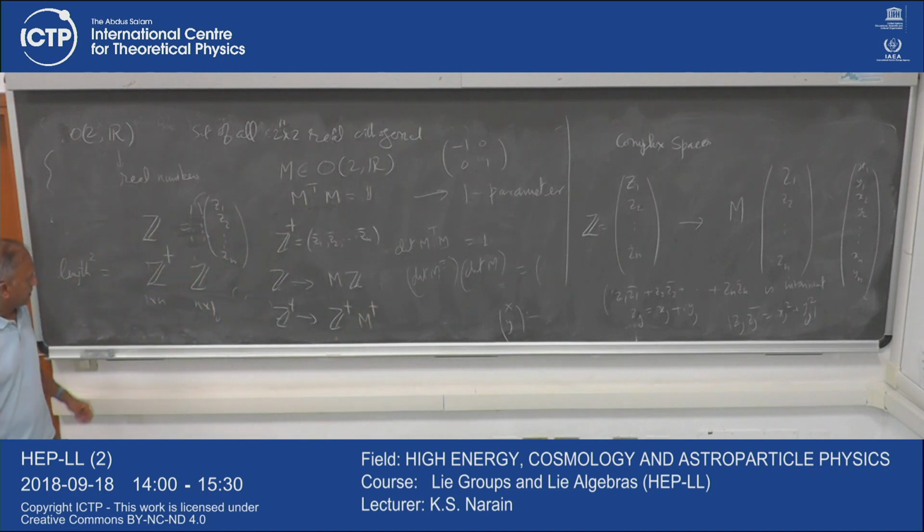And now you see what will happen. This object, the length square, will go over to Z dagger M dagger M Z. If our requirement is that the length square doesn't change, then that means this M dagger M must be equal to identity. Okay? So that's the definition.